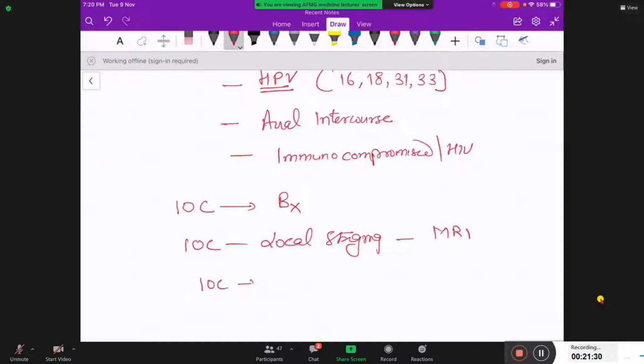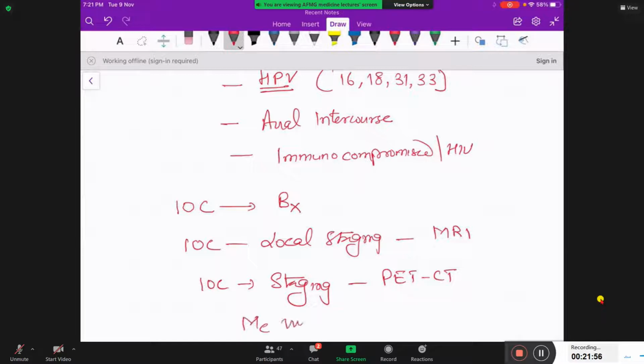Investigation of choice for staging in general, if asked, is PET-CT. Investigation of choice, if asked, is biopsy. Investigation of choice for local staging is MRI. For general staging, it is PET scan.